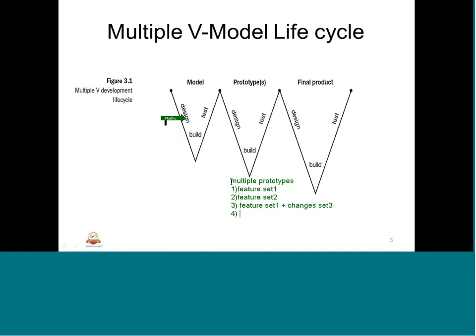Both could be having features 1, 2, 3 partially, etc. So all this can be part of the prototype, so we can add multiple like this. I have just drawn it now. So in between it can have multiple V models before we draw the final product. So that is the meaning of this multiple V model life cycle.